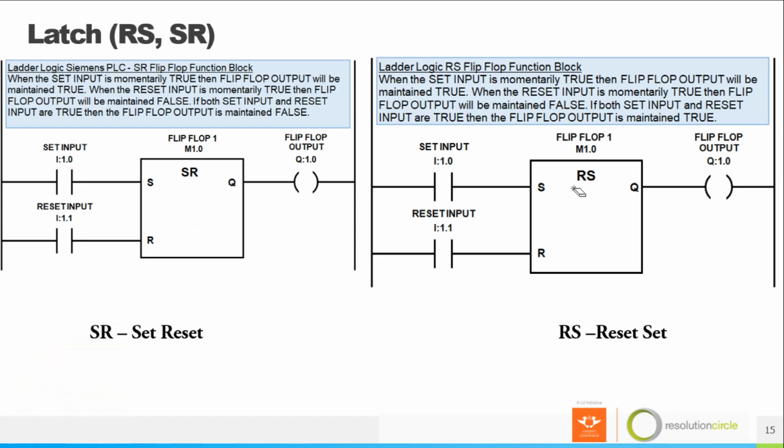Also this one, when I press the set and release, it will set, it will latch, your output will be latched. When I press reset, it will unlatch. But if I press both set and reset on SR, your output won't reset. If I press both set and reset on RS, your output will reset immediately.